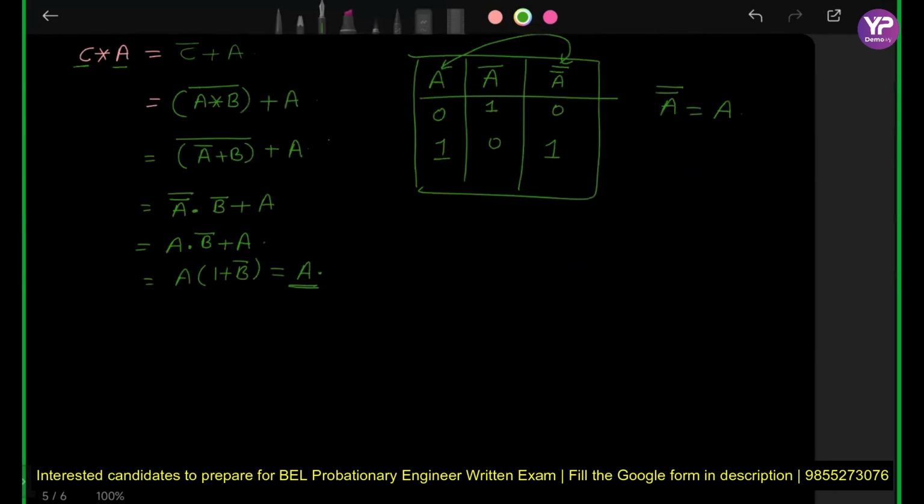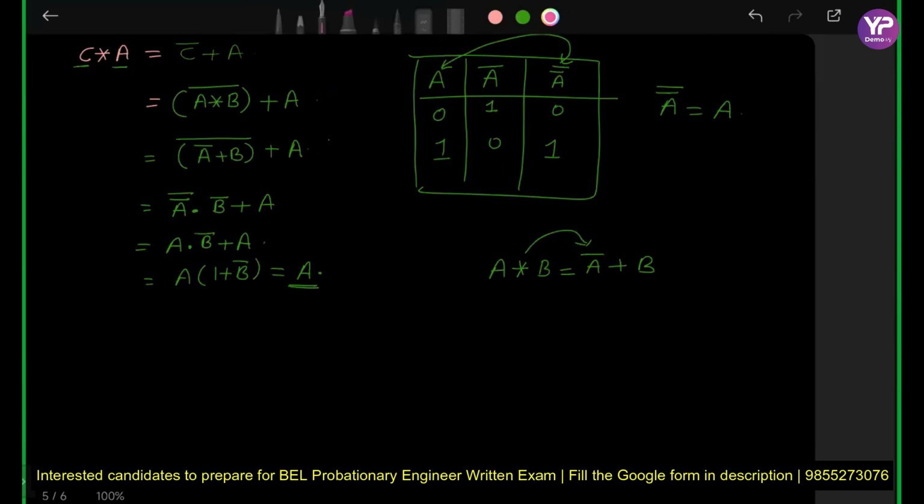Let's take, I defined one thing, that A star B is equal to A bar plus B. This star operator is defined like this.